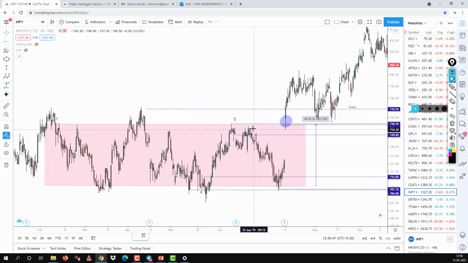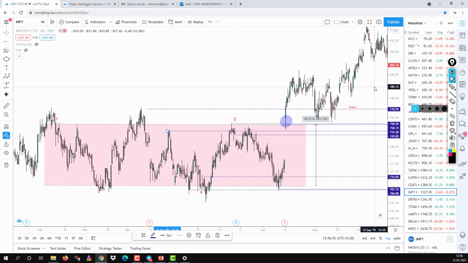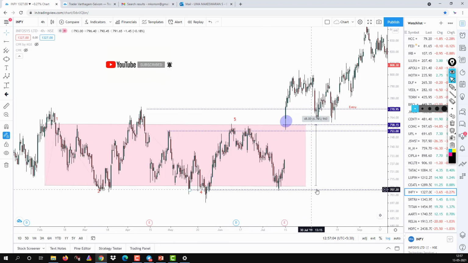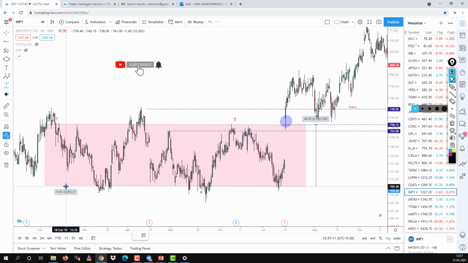and your stop loss should be this is the level. And your target is the length of the channel pattern.